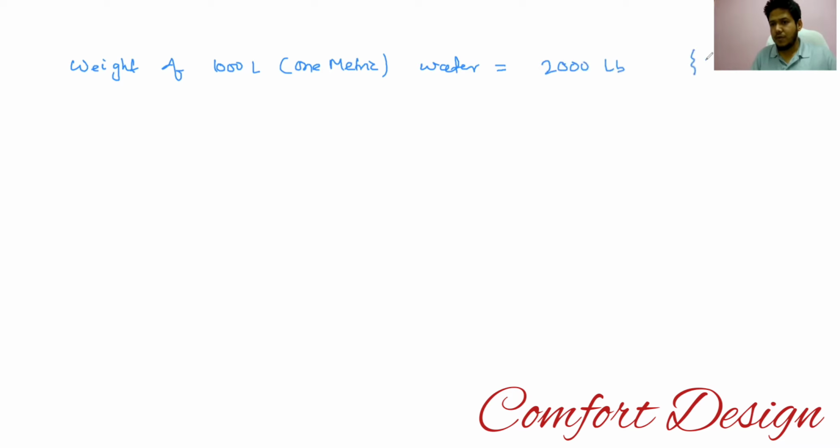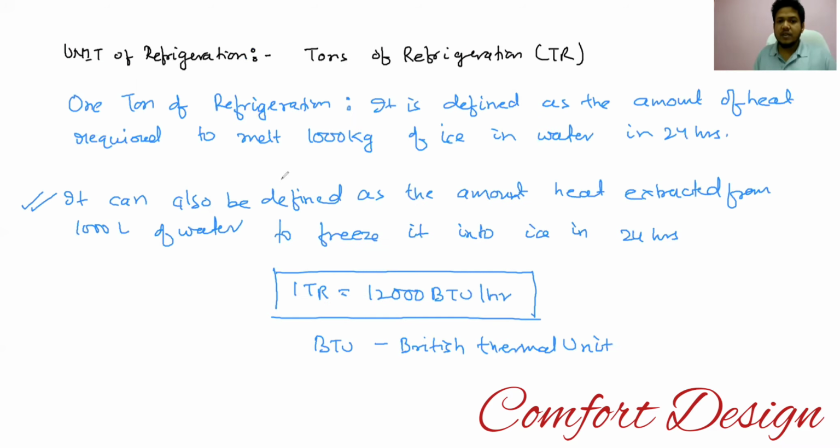LB is pound. And what exactly is happening here, from water to ice it is coming, so from liquid to solid. What is this process? This process is called solidification.